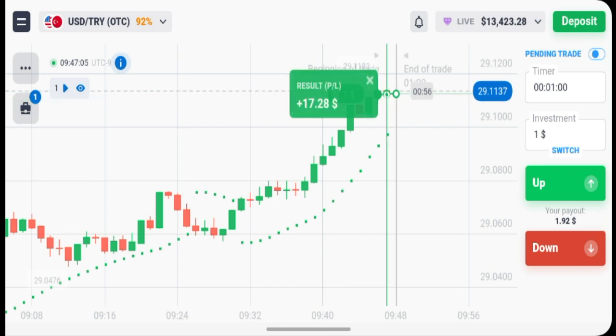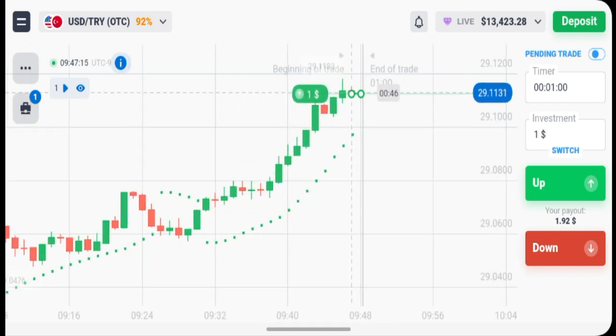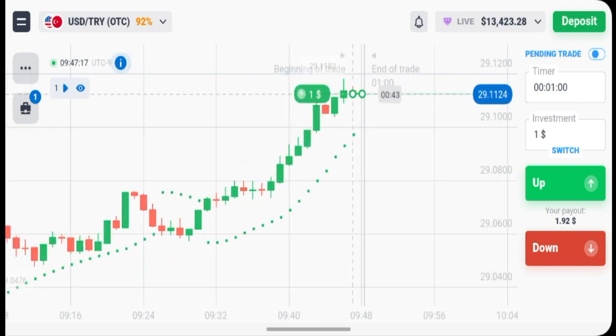Okay, so this trade just won, and then we go in with $1 again. Whenever we win, we go back to $1. We only bid more after a loss. All right, so let's keep going.